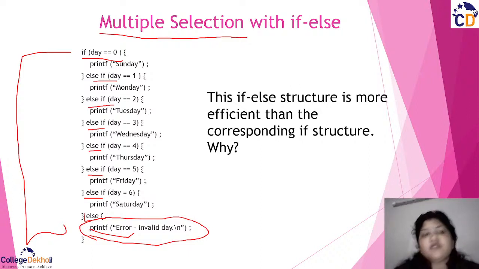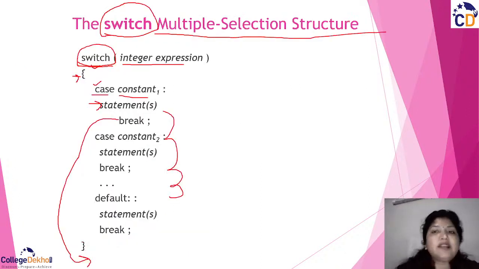But after this we have switch statements. The switch multiple selection structure takes an input, and according to that we have different selection criteria. Whatever case is matched, it executes those statements and then comes out of the switch using the break statement. So using the break statement, it comes out of that particular block.